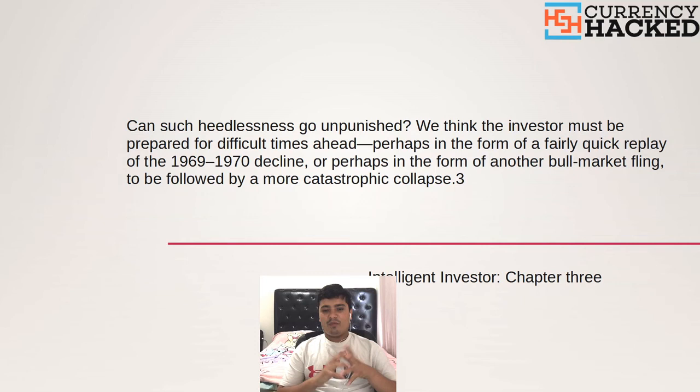What this paragraph is trying to tell you is that the stock market cannot be predicted, and we might see a big depression followed by a bull market, or maybe we can see another decline or another very, very big increase in the stock market. Yeah, that's what this paragraph is trying to tell you.